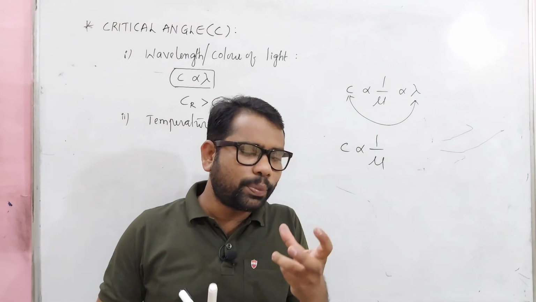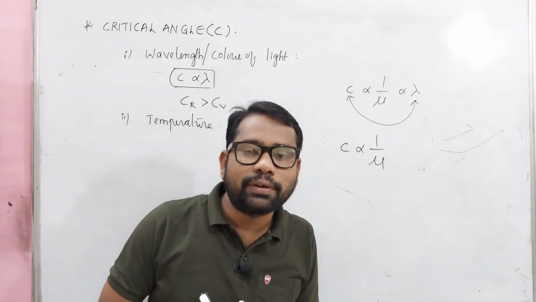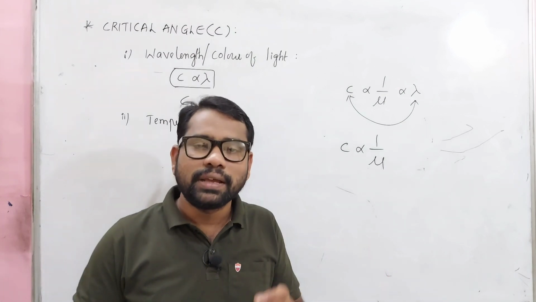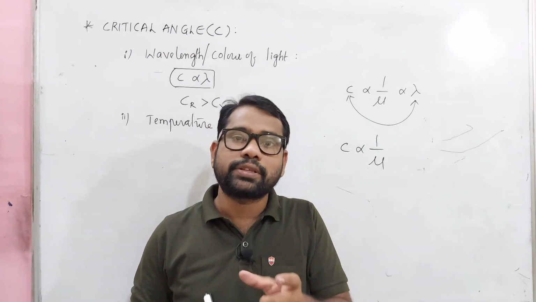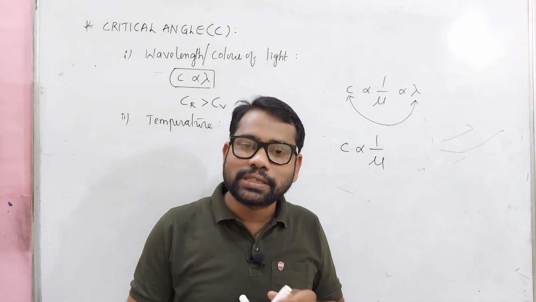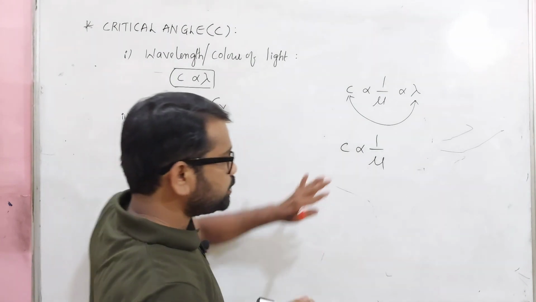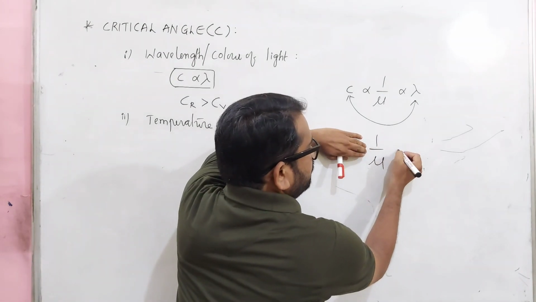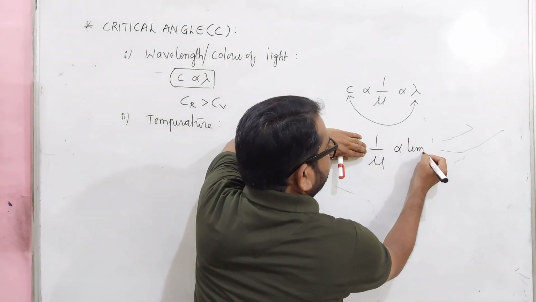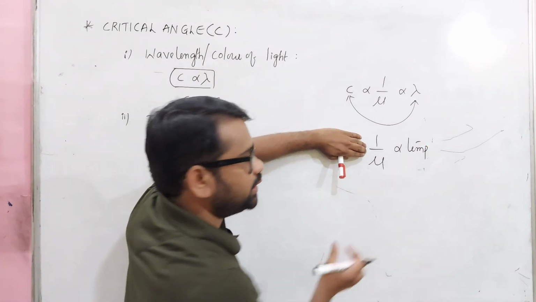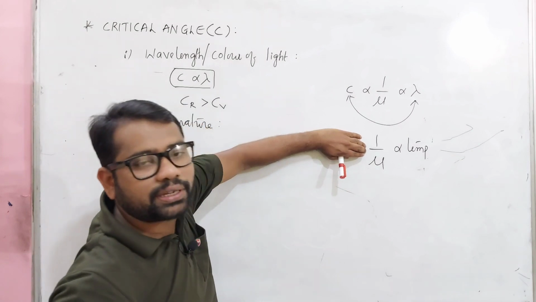We have discussed the factors on which refractive index depends. The very important thing is that refractive index depends on the temperature. Refractive index is inversely proportional to temperature, which means 1 by mu is proportional to the temperature. More the temperature, less the refractive index. Less the temperature, more the refractive index.